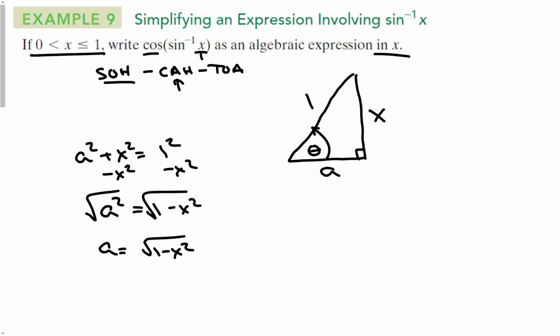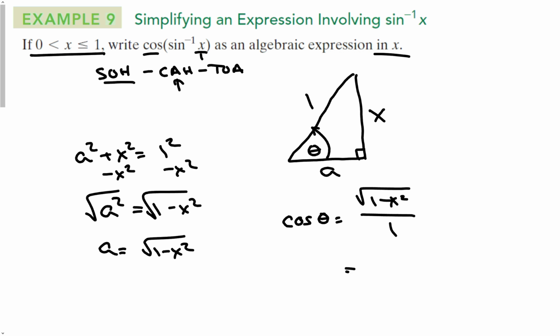Okay. And so now the cosine of this angle right there, which is what I want, is going to be the adjacent over the hypotenuse. Sorry, over 1, over the hypotenuse. Sorry, adjacent over hypotenuse.